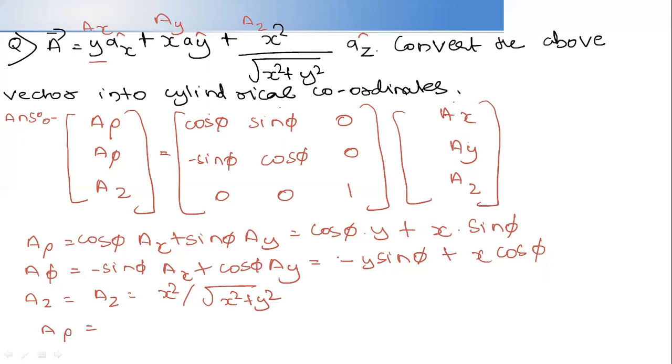So what is y in terms of cylindrical coordinates? We learned it in the last class. What is y in terms of cylindrical coordinates? Gokul, do you remember what was taught in the last class? What is y? Y is equal to rho sin phi.